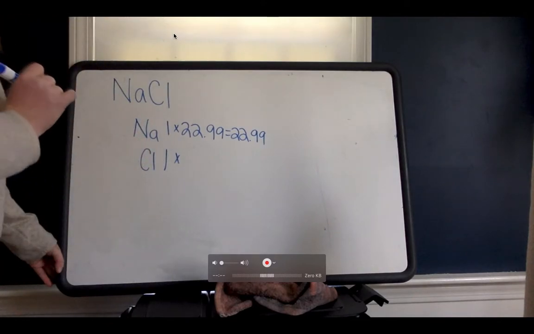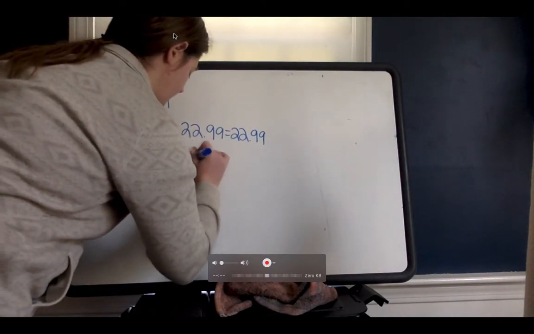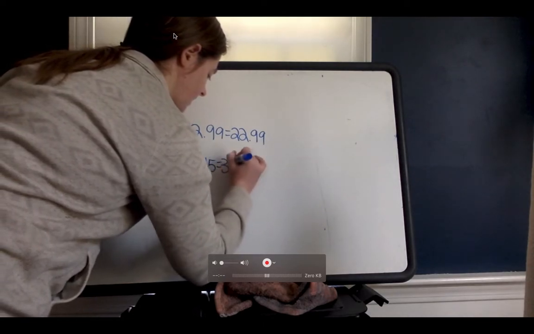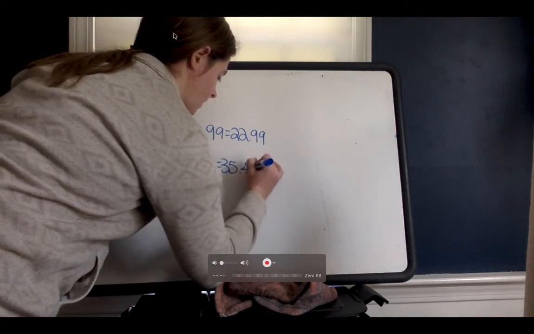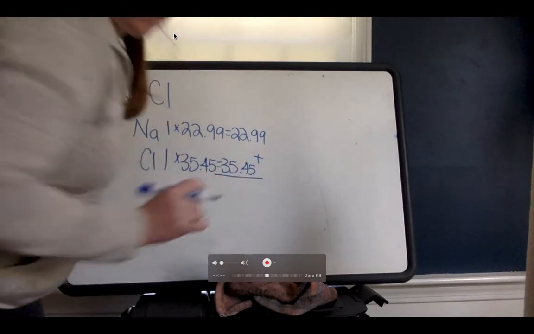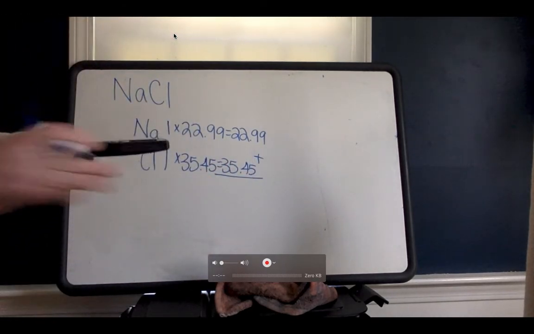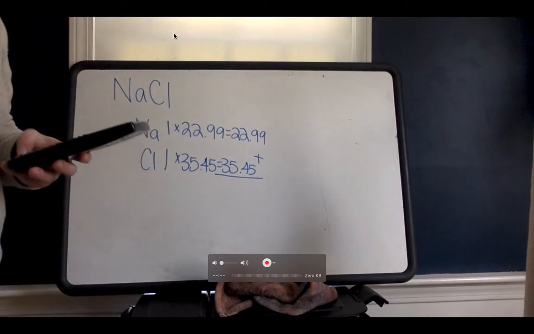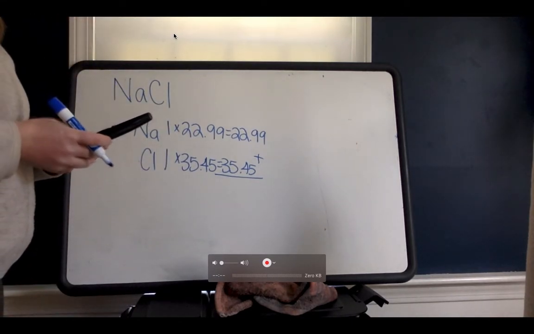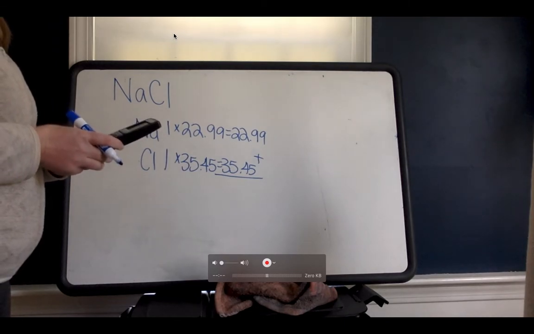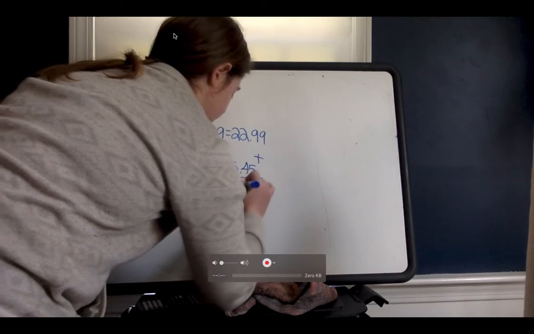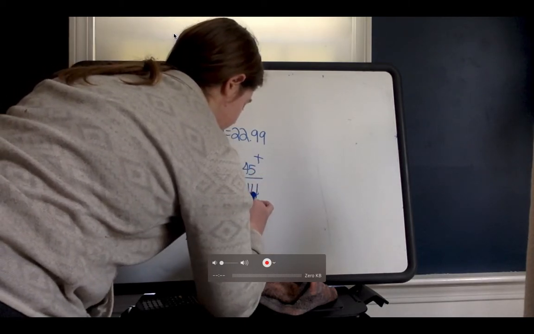The mass of chlorine is 35.45. Then we want to add them together. So 22.99 plus 35.45 is 58.44, and that's AMUs.